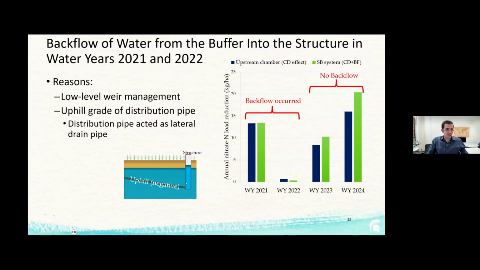If I put the weirs down here, where I'm putting this scribble, then the head of water above here, because the water table is higher, is going to flow water into this point.